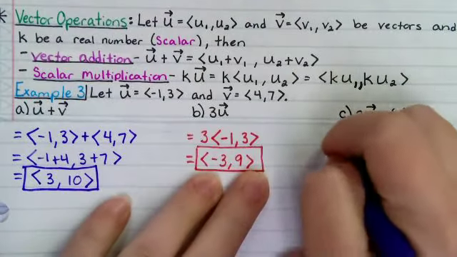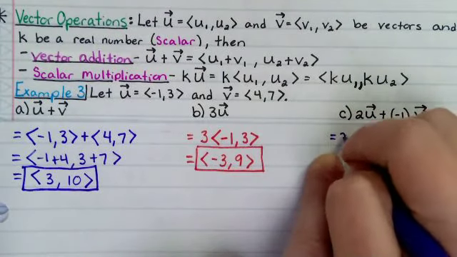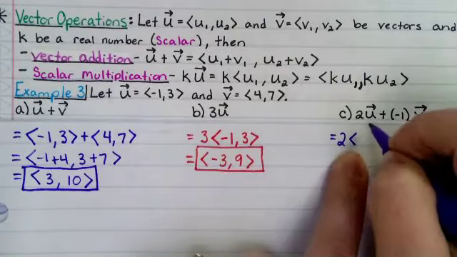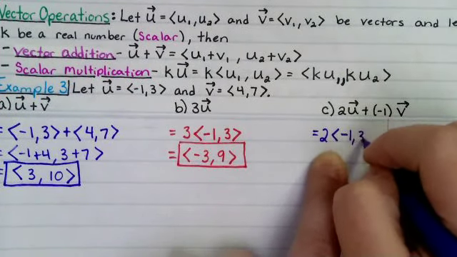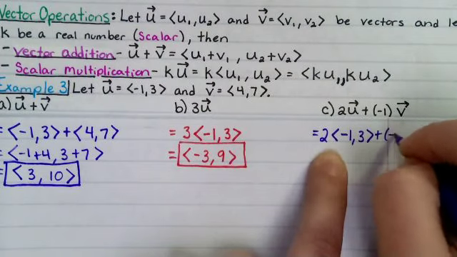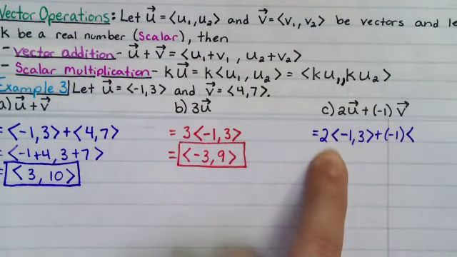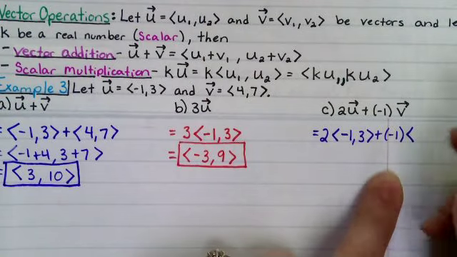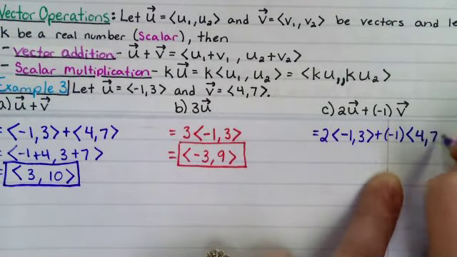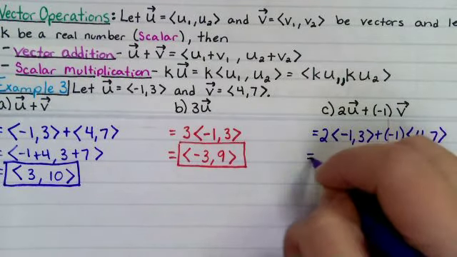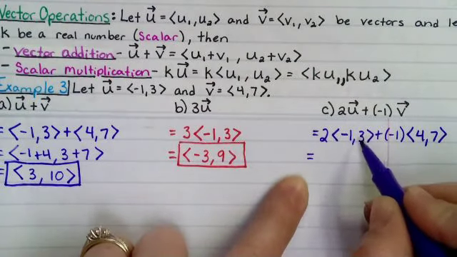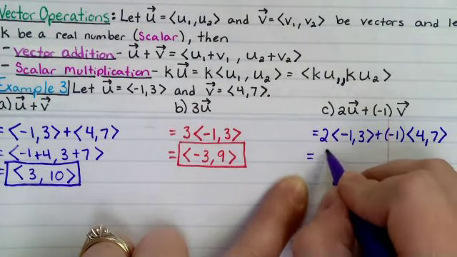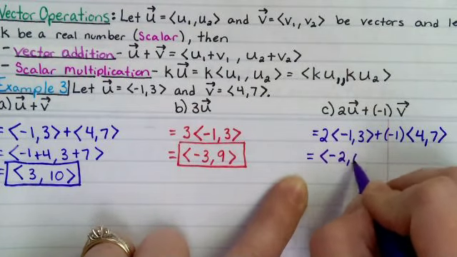All right. I'm going to first of all go ahead and replace each thing. So the u, I'm going to replace that with <-1, 3>. Then I'm going to replace v to be <4, 7>. And then we're just going to go through it. I'm going to multiply the 2 through this first one. So that's going to give me <-2, 6>.